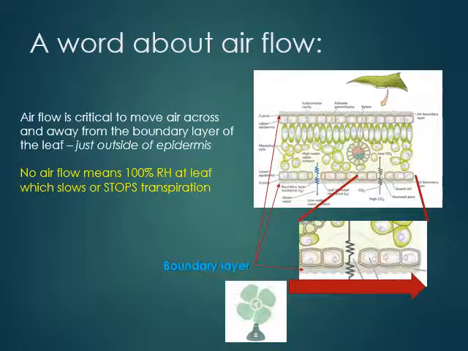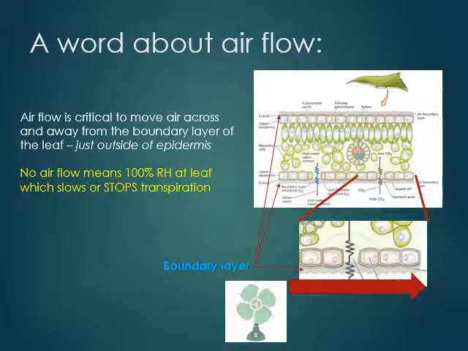I want to talk a little bit about the boundary layer. I mentioned this once before, but let's talk again about it. Airflow is super critical, especially when we're talking about humidity, because we don't often see where the actual high humidity is. When you walk into the greenhouse, you experience the environment, and that is absolutely something you can perceive.